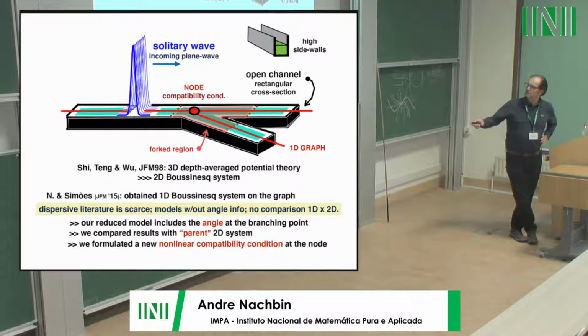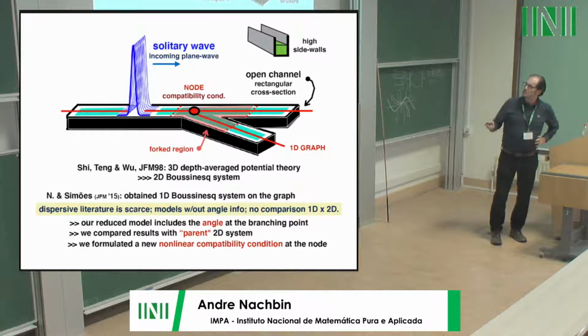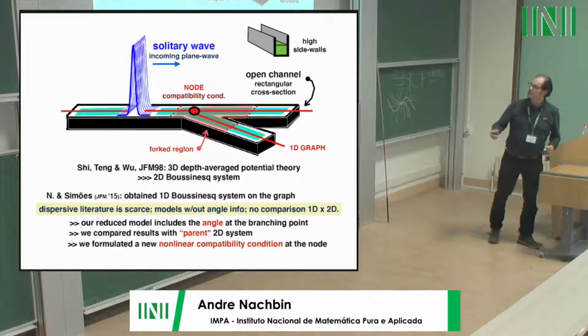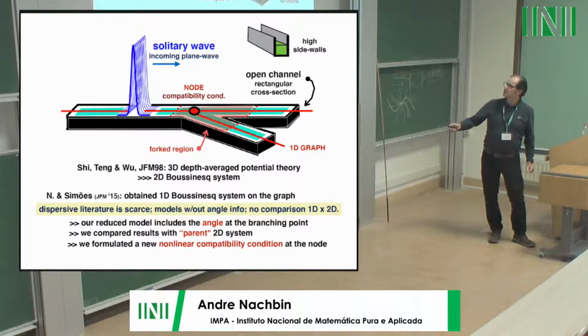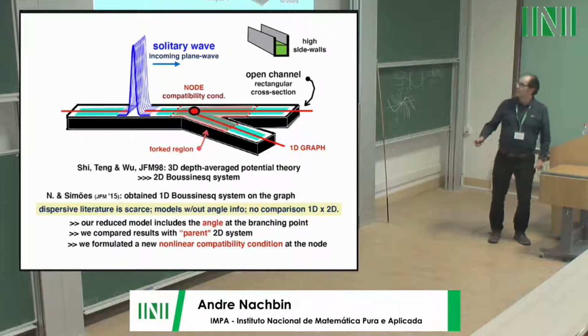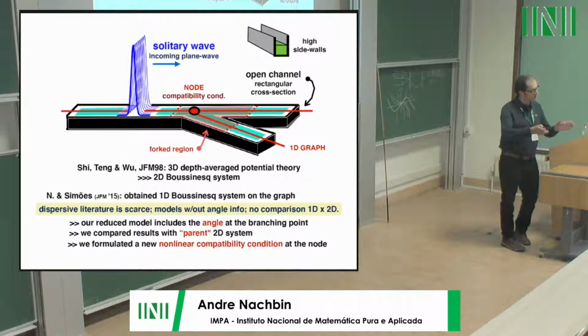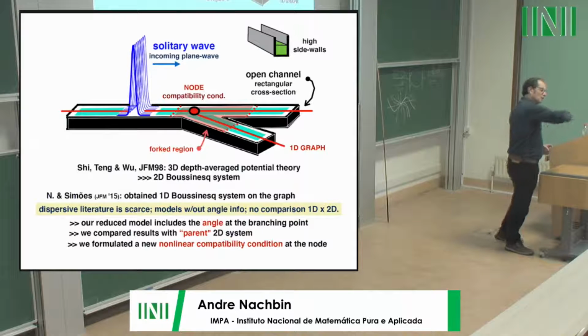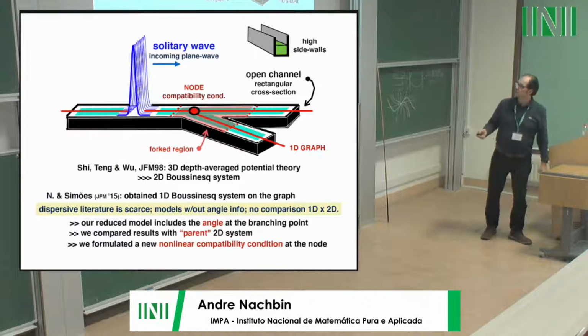So Wu, with his collaborators, in 1998 had this paper that has beautiful figures, which I will show you and which caught my attention, basically using the reduced model, which is the 2D Boussinesq system, for waves, first solitary waves on channels with sharp turns or high curvature turns.